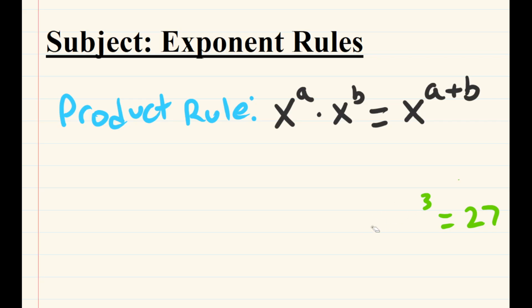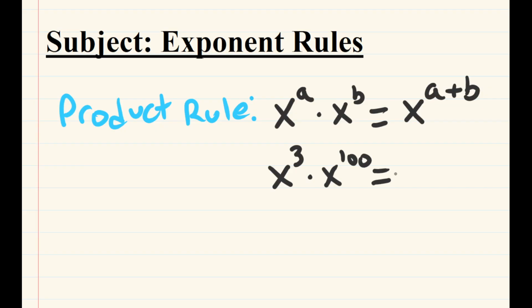So let's give an example of the product rule with variables, because that's what makes this rule so powerful. We can also use it when variables are involved. So let's say we had x to the power of 3 times x to the power of 100. Well, we can use the product rule on this as well.